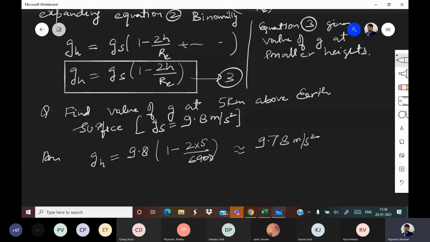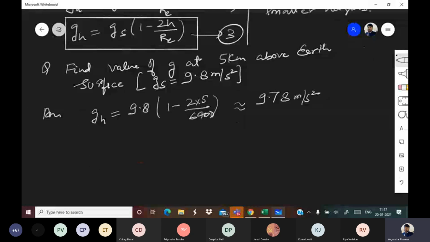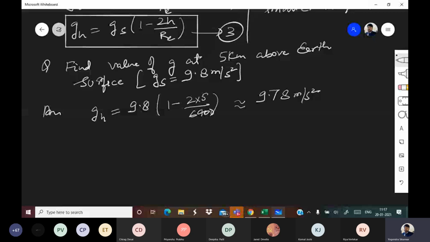And when variation is very less, Vedant and Puja, then you have to give your answer up to 2 decimal places, because there is a very large difference between 9.8, 9.7 and 9.78. Okay, try to understand the difference level. So this is due to height.